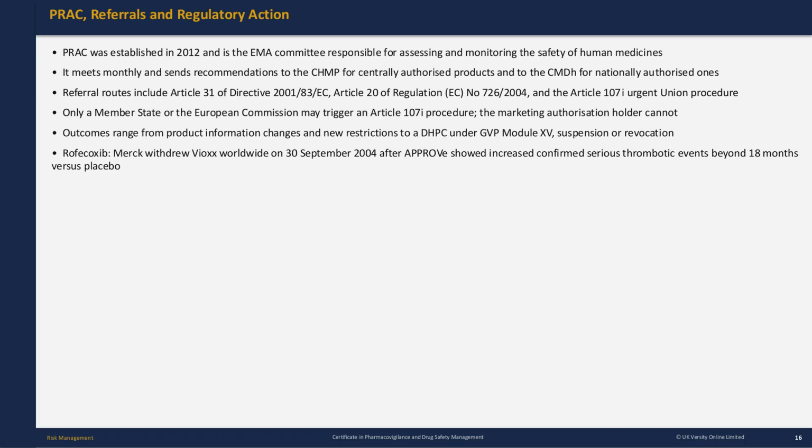Referral routes include Article 31 of Directive 2001/83/EC, Article 20 of Regulation EC No. 726/2004, and the Article 107i Urgent Union Procedure. Only a member state or the European Commission may trigger an Article 107i procedure. The marketing authorization holder cannot.